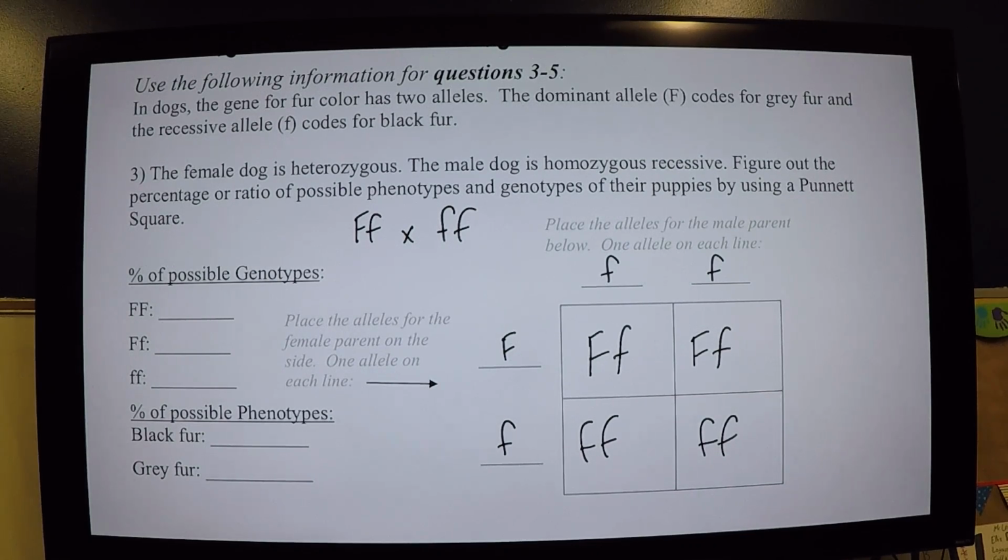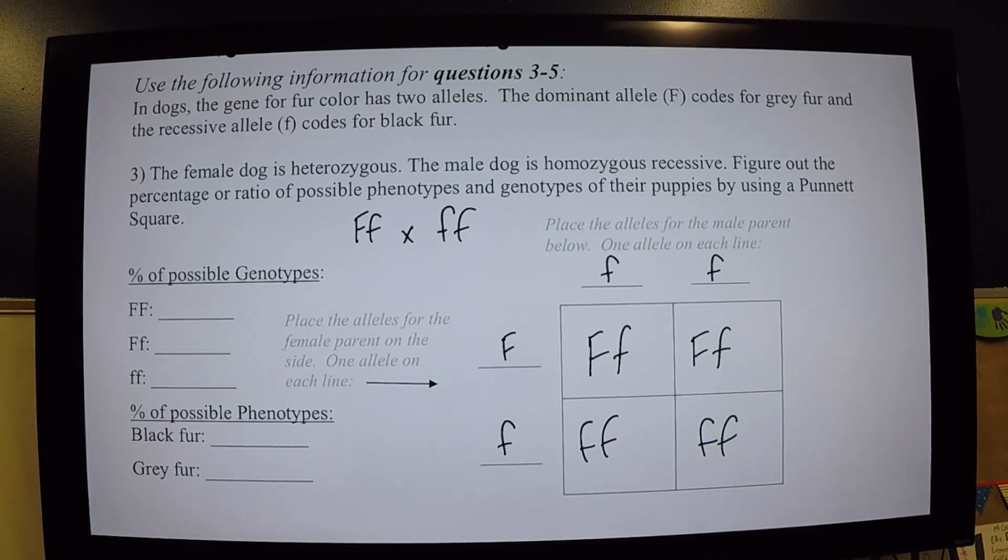Each parent can give one of their alleles to make a new organism, and so this is a probability. This isn't necessarily meaning they're going to have four offspring, but the probability across four. There's a 25% chance, or a 50% chance here for a similarity, and there's a 50% chance here.